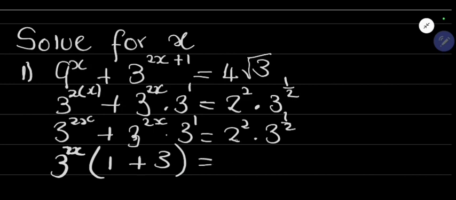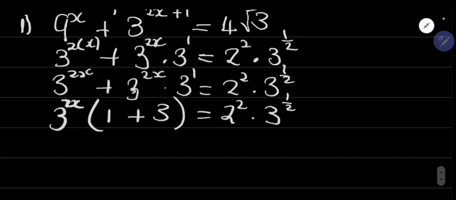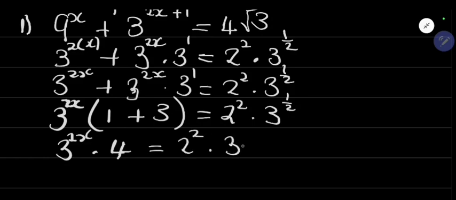Then it is equal to 2 exponent 2 there, just leave it like that, and then 3 exponent 1 over 2. So this is 3 exponent 2x times 4, equal to 2 exponent 2 times 3 exponent 1 over 2.